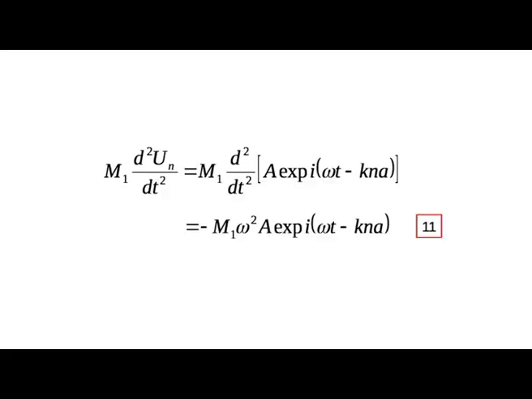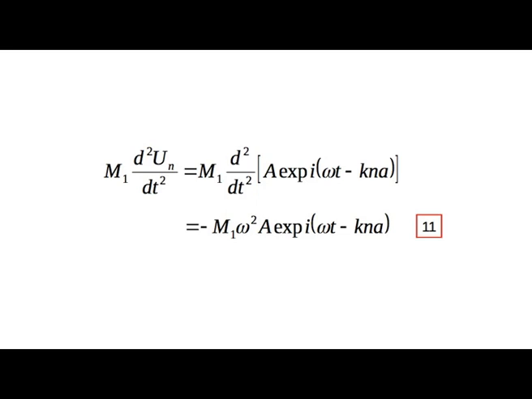Now, if we substitute the expression 10a into the expression 9a, which is the force equation, right. So, the expression for UN is being introduced into the force equation, M1 d squared UN by dt squared equal to M1 d squared by dt squared A exponential i omega t minus k n a.